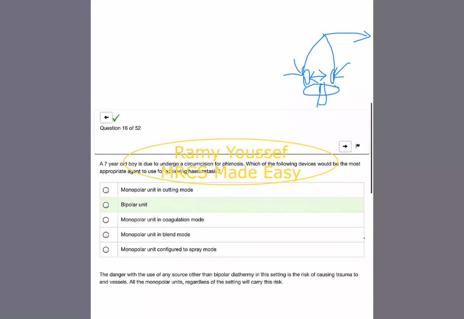With monopolar? In monopolar, yes, the electrode consists of one electrode on one side, one electrode of the device, and you have to put another plate away.